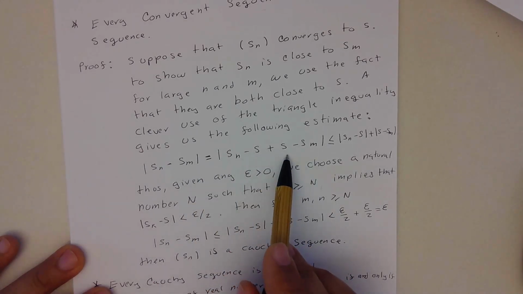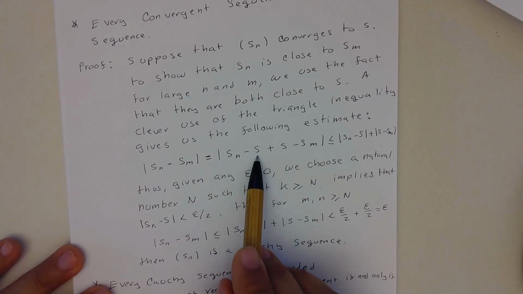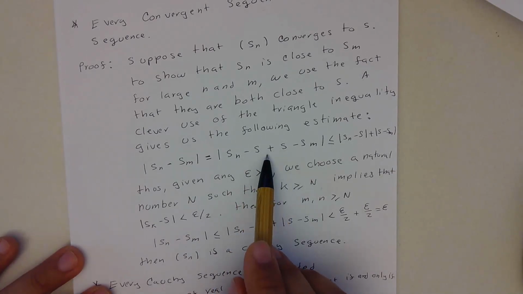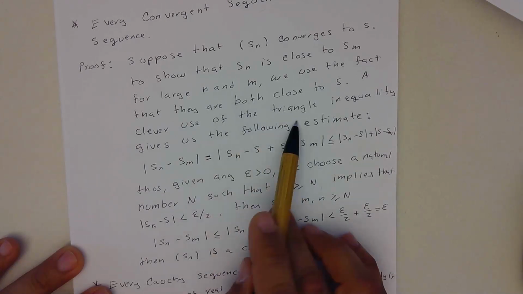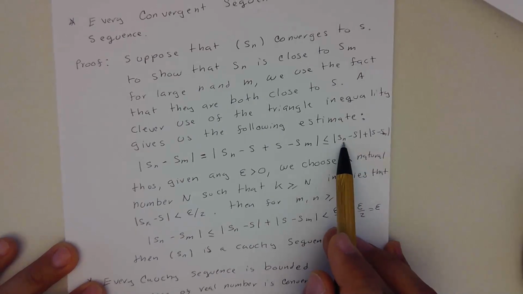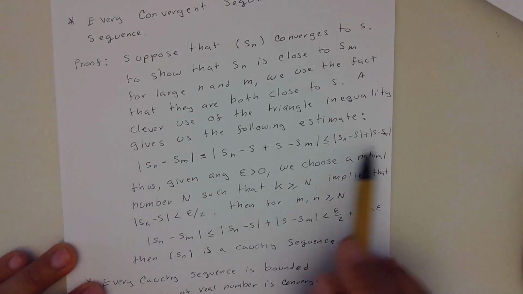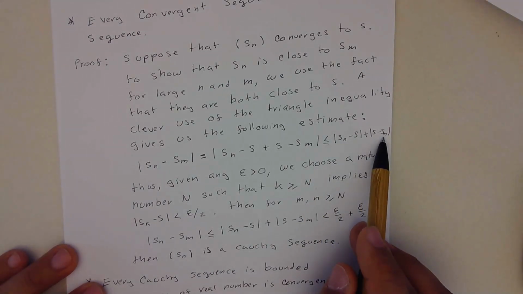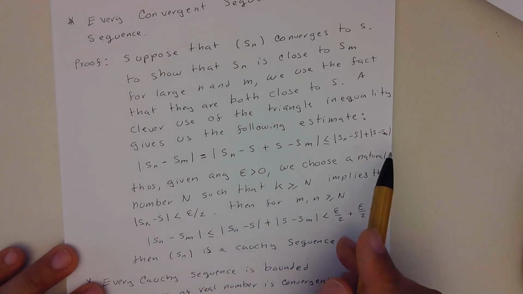apply this technique that we also use in the limit calculations. We subtract S and add S, and we have a sum here. We can divide this and create, using the triangle inequality, this part, right? So Sn is close to S and S is also close to Sm, right?